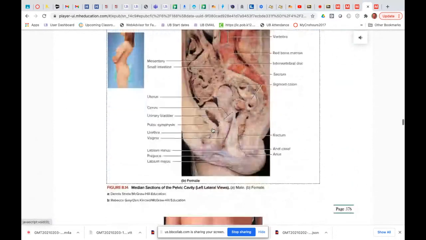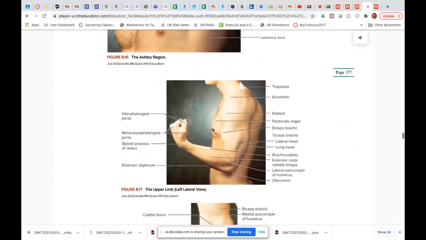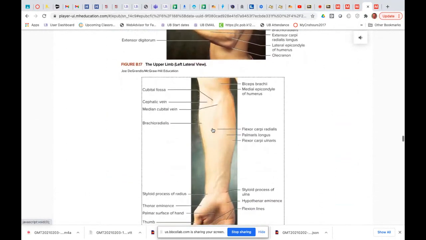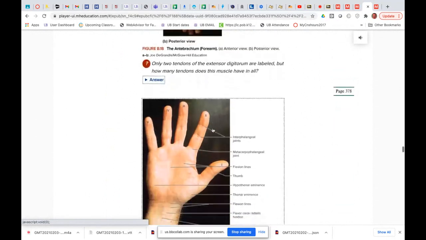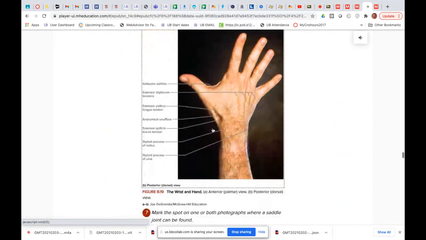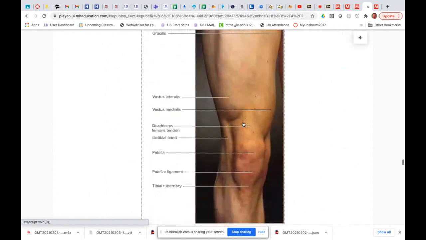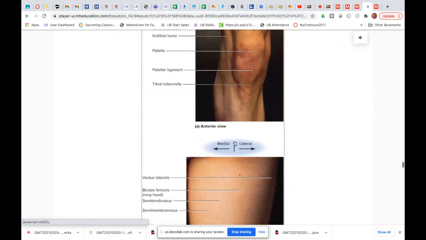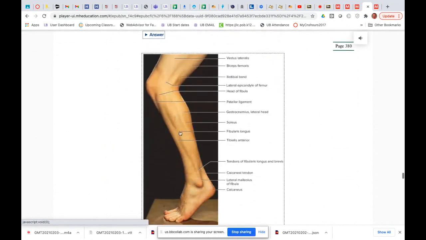And then I would pay a little bit closer attention to superficial anatomy here, especially of the lower extremity. Sometimes what'll pop up are pictures of the hand. Sometimes what pops up is the leg, like this, especially here.